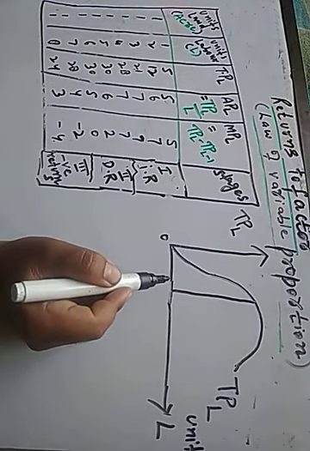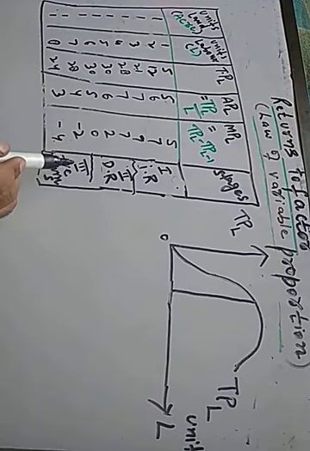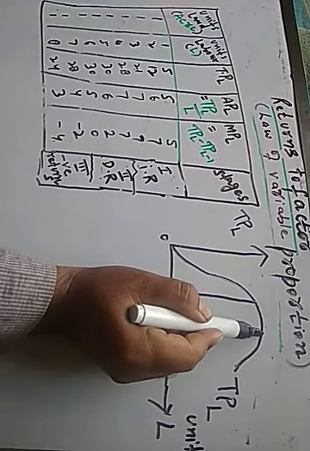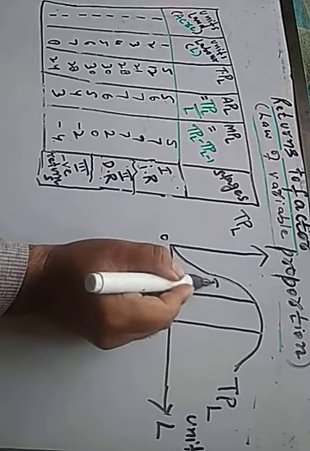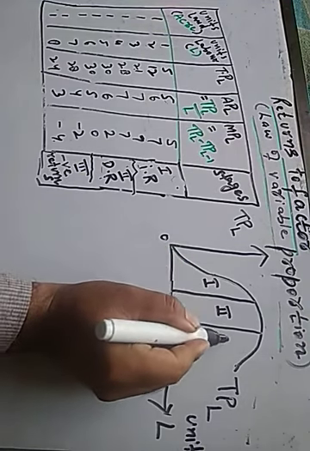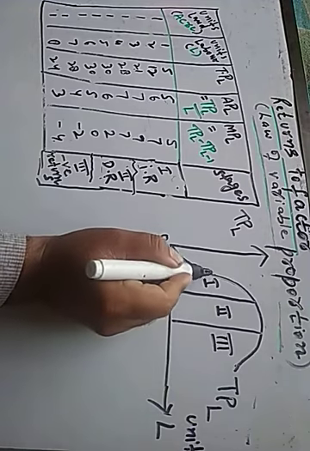This is divided into three stages: first, second, and third. Increasing returns, decreasing returns or diminishing returns, and the last one is negative returns. First stage, second stage, and third stage.